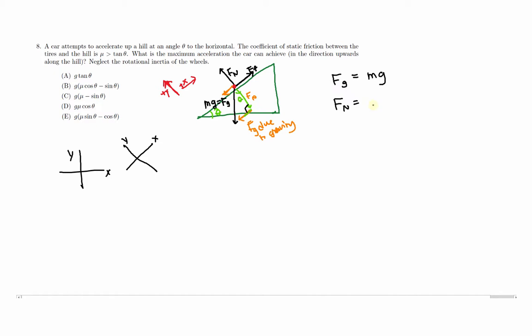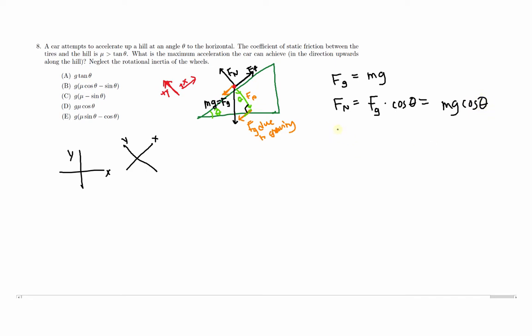Therefore, the normal force is F of g cosine theta. Oh, what am I doing? That has to be mg, so that becomes mg cosine theta.